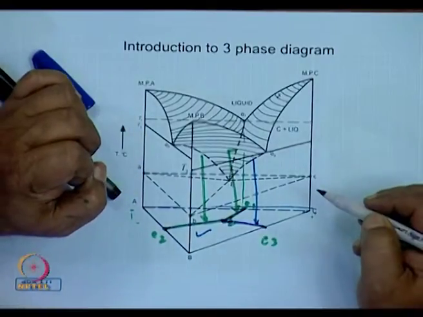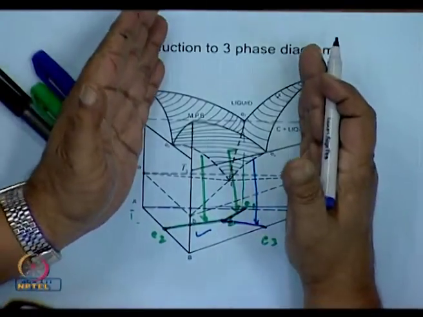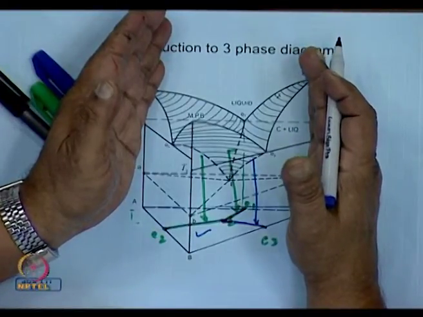In a sense, we do not have to draw a complex diagram as this.